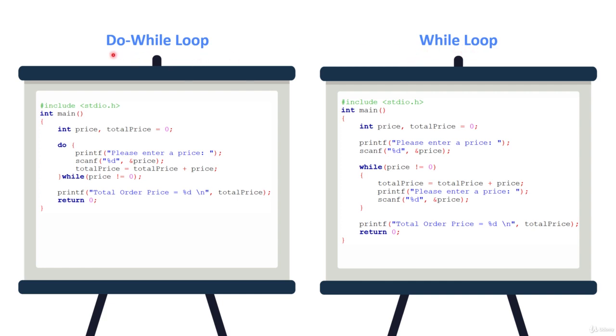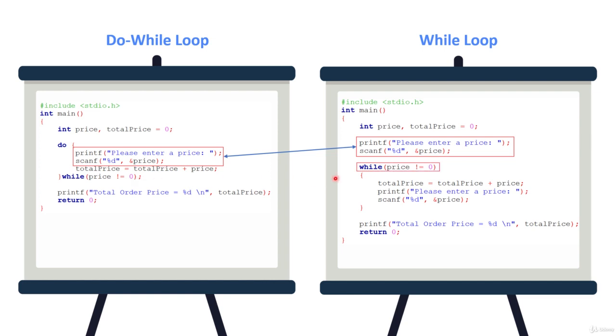So the first two lines that we've seen previously, the printf and the scanf, that were before we entered the while loop, are actually mapped to this. We can see that in both cases these two lines are going to be executed regardless of the result of this condition here or this condition here.